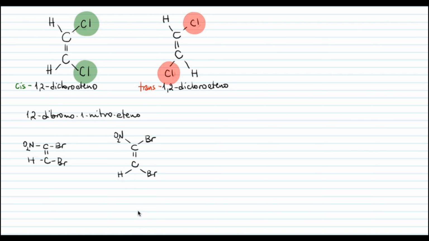This would be one isomer, and the other isomer is the one in which, for example, we change the position of the nitro, the NO2, which is different.